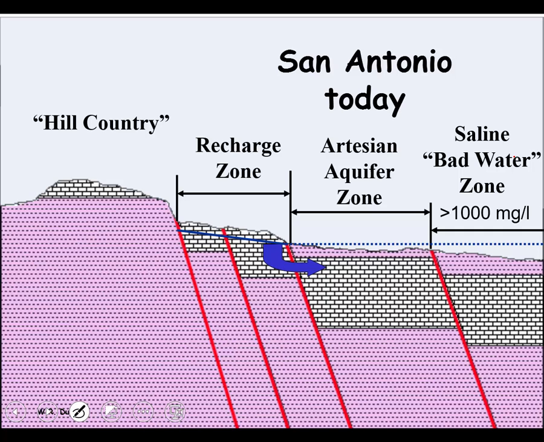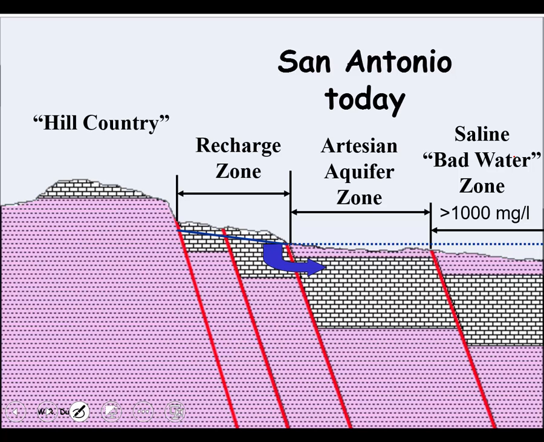Now, there's a band here where that Edwards limestone, although it's fault bound, is exposed to the surface. And it's connected to another band of Edwards limestone that is below the surface, overlain by that less permeable zone. So these are confined aquifers.